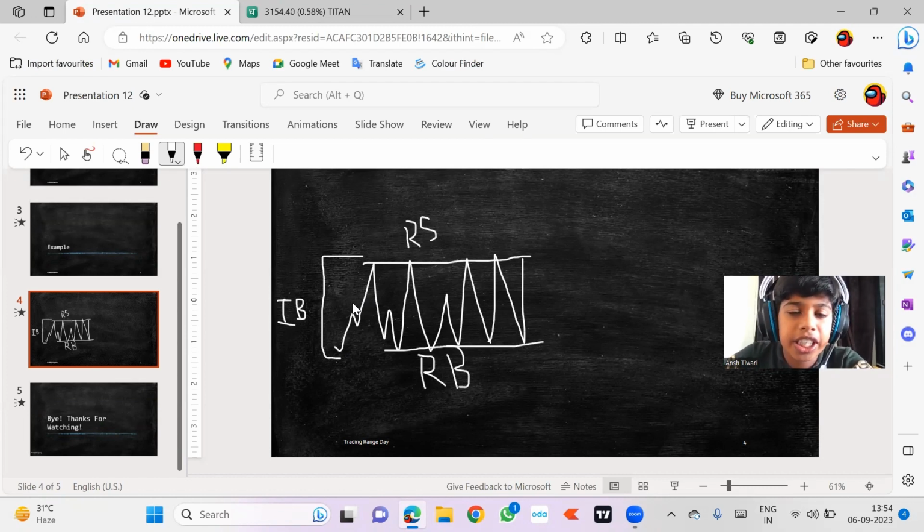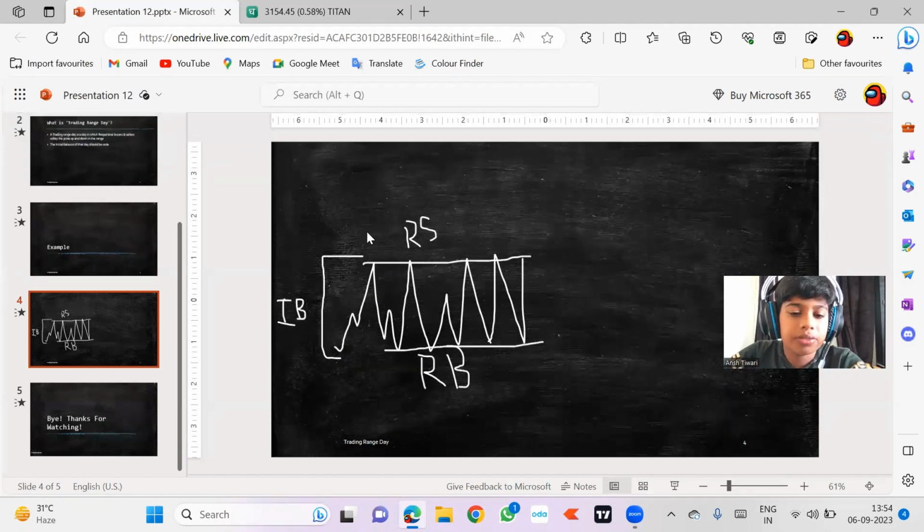But that initial balance is not like the typical day we always have. In a typical day, the market just stays at any point for a long time, as it's not very volatile. But in a trading range day, the markets are very volatile and stay inside this range, bouncing on the upwards and downwards line.